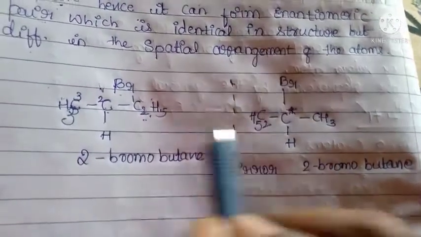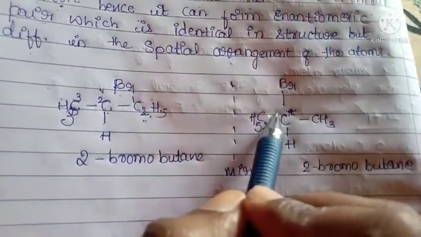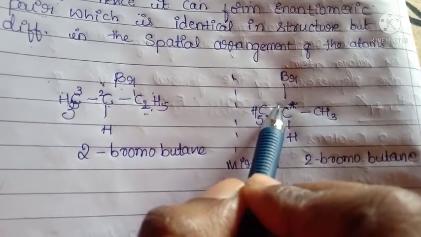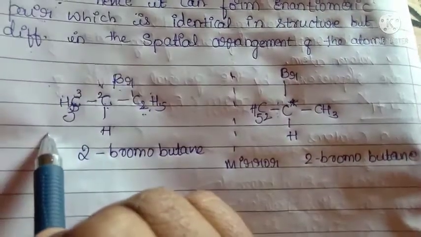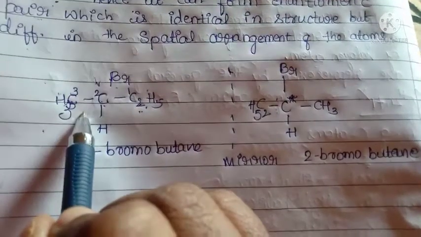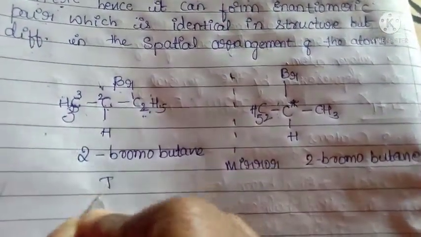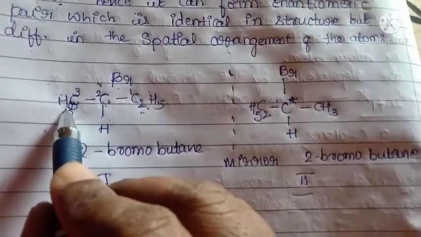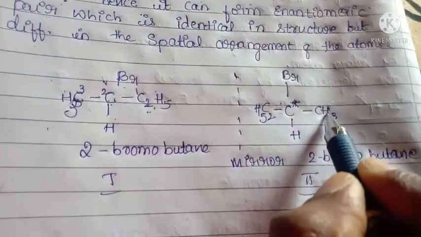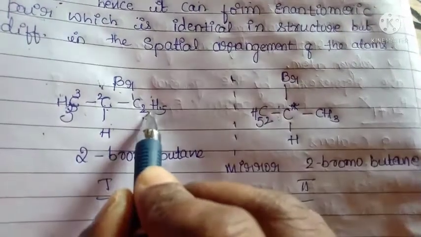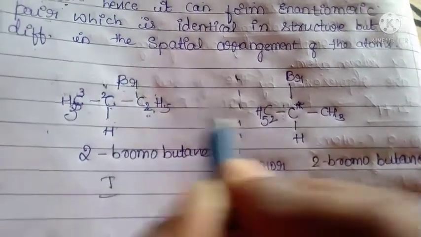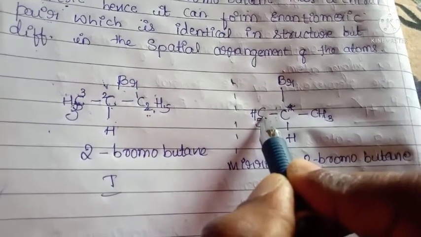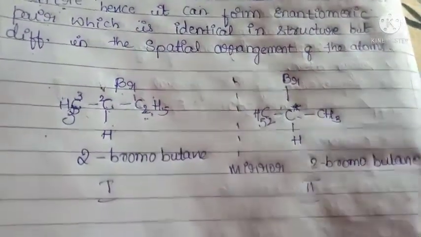Here you have to say these have the same structural formula. Okay, same structural formula but different arrangement. Here in this one we have to give a first and second. Okay, in the first compound CH3 is on the left side, here CH3 is on the right side, and C2H5 is on the right side, and here C2H5 is on the left side. This is called enantiomers.